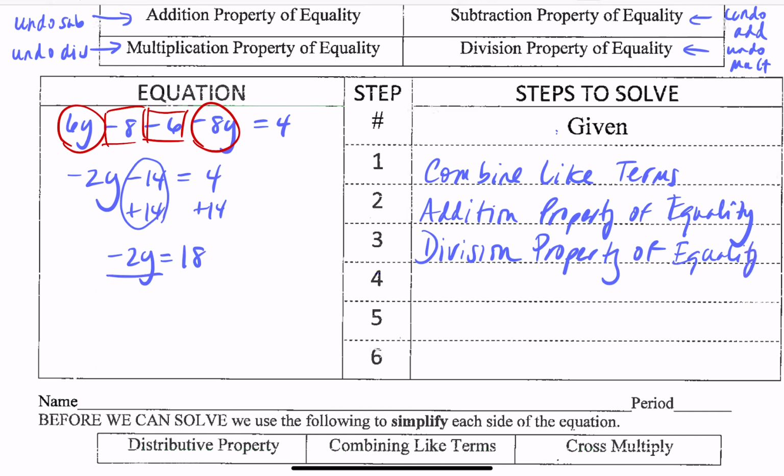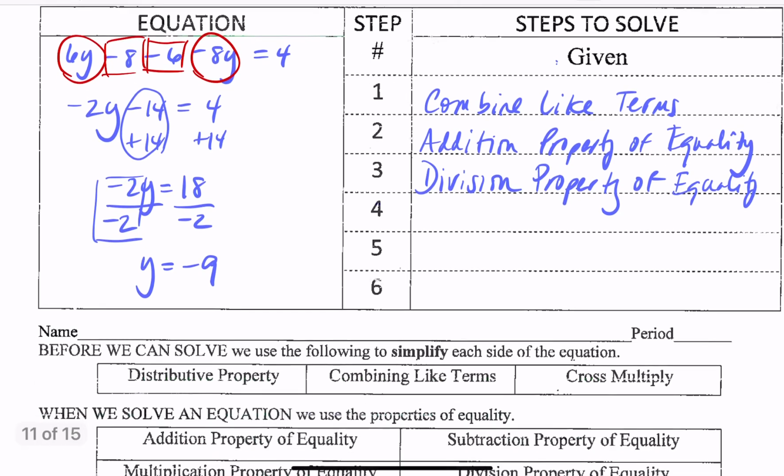And I'm going to divide both sides by that negative 2 because I want this to become a 1, so I need it to be the same number over the same number. And I'm going to get y equals 18 divided by negative 2 is negative 9. So those were the steps to solve, identifying what I'm actually doing, and that's what we're practicing here.